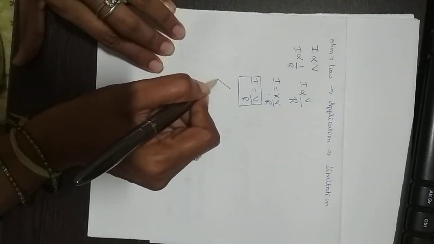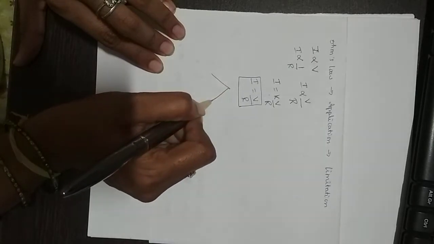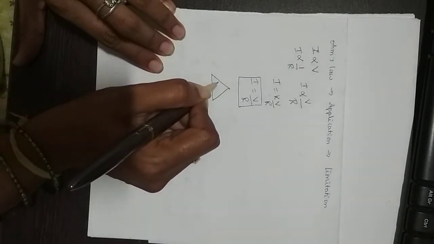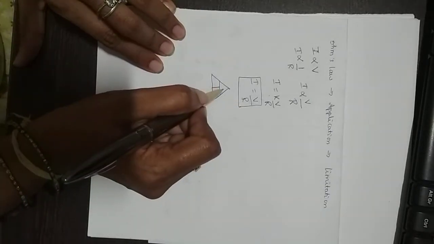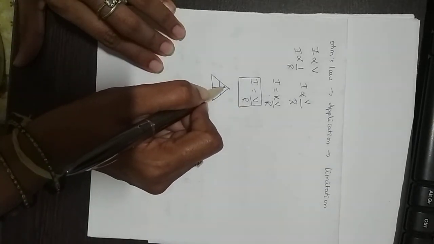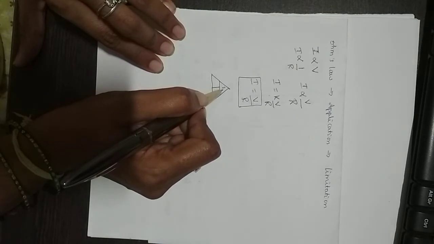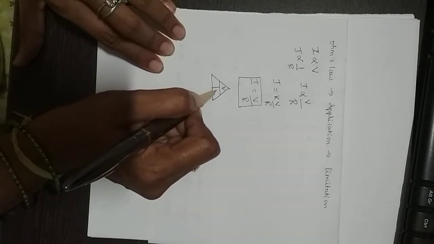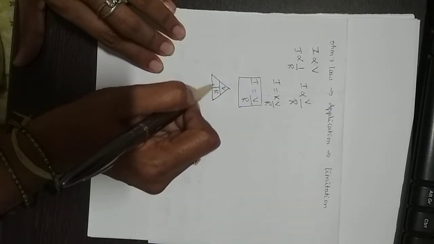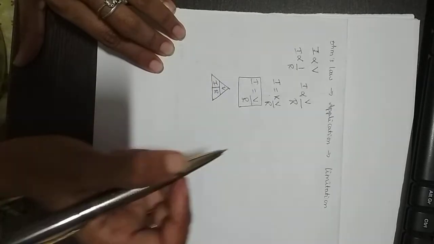So for memorization, we have to remember V, I, R. So this is the triangle rule.